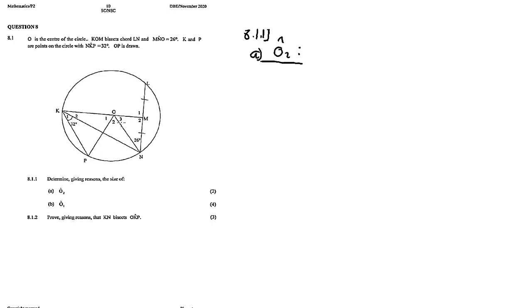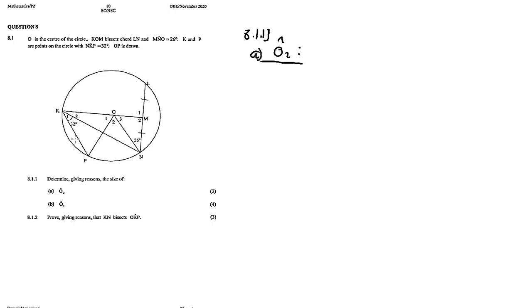For instance, between O2 and 26, there's no theorem I can apply unless these two lines are parallel. If they were parallel, alternating angles would be equal. So there's no relationship connecting O2 and 26. How about 32 and O2? Yes, there is a relationship.